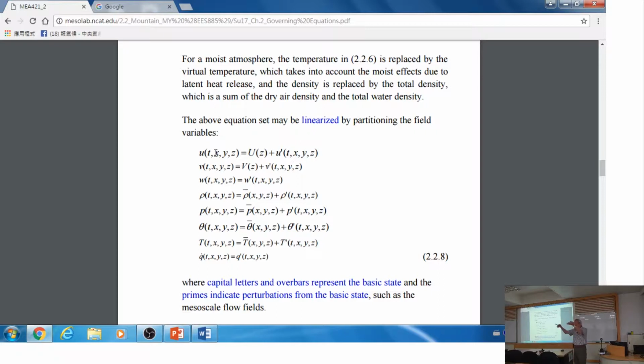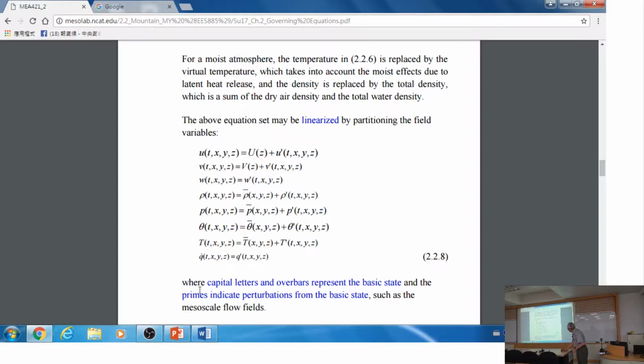Normally, vertical motion doesn't have a basic flow, otherwise we'll be in trouble. And density equals the basic density plus perturbation density. Pressure, basic one plus P prime, theta bar plus theta prime, T equals T bar plus T prime. And then this is the heating rate.